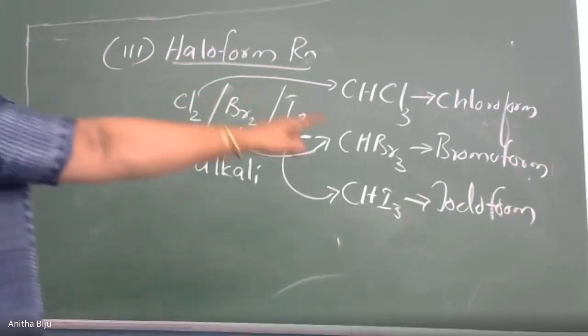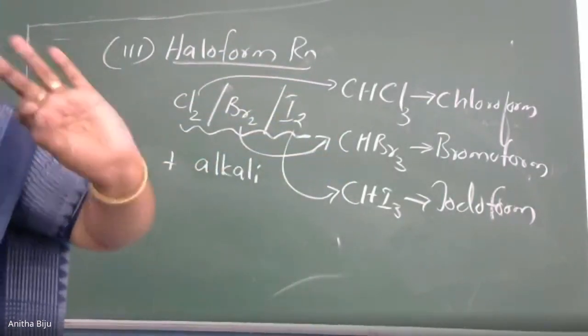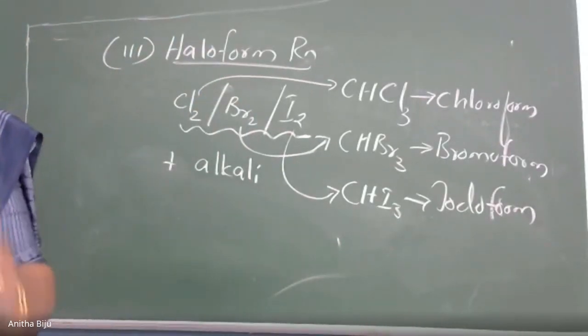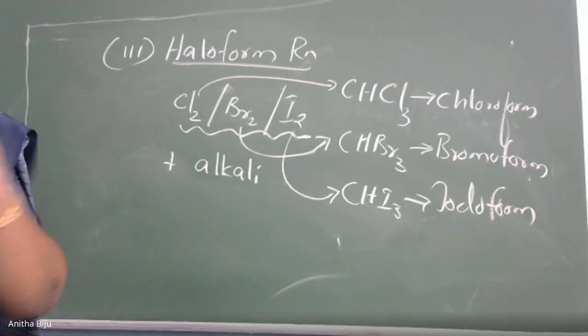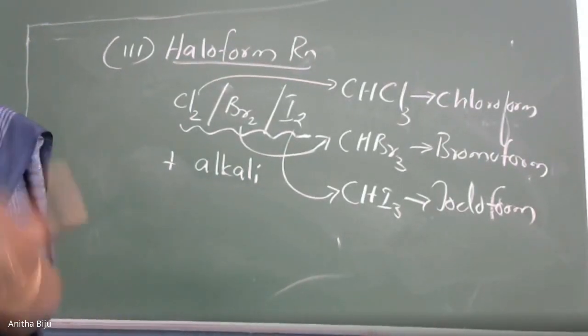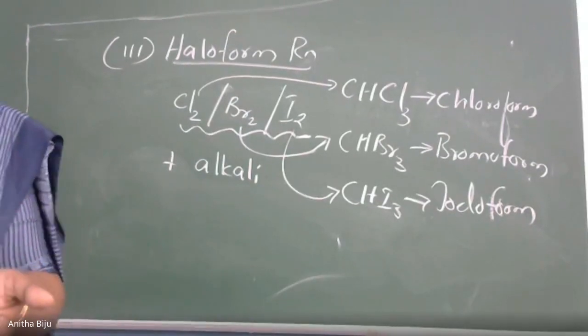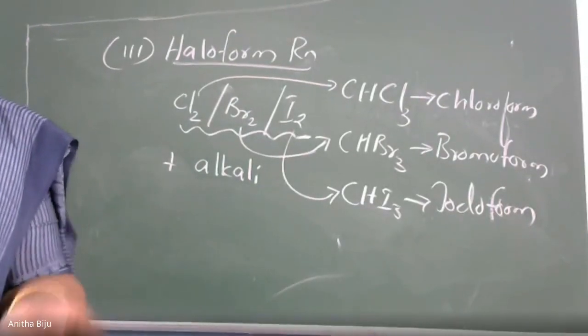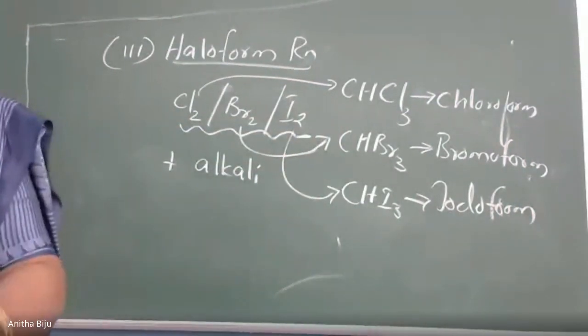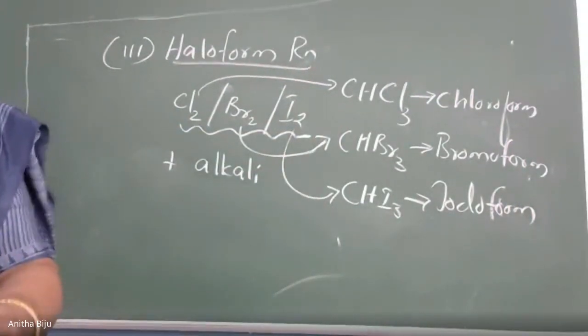Out of all these, I will eliminate one by one. Chloroform, you know that chloroform is highly poisonous, and it has a characteristic odor. From the odor, we can make out that it is chloroform. Bromoform is also not good for health.